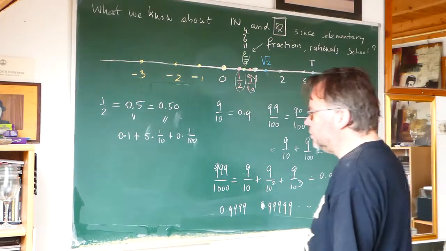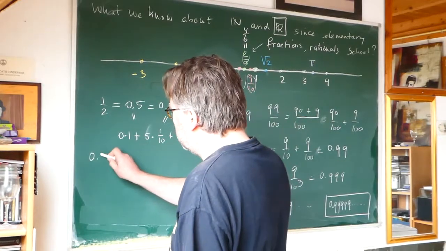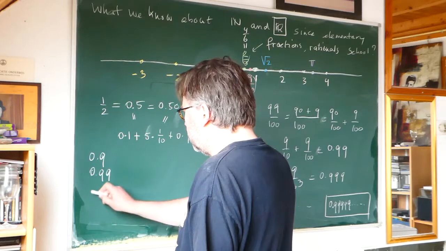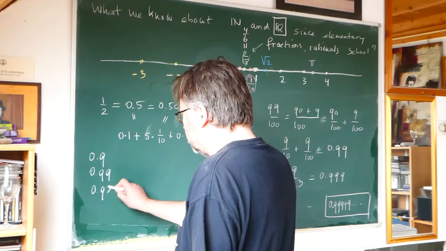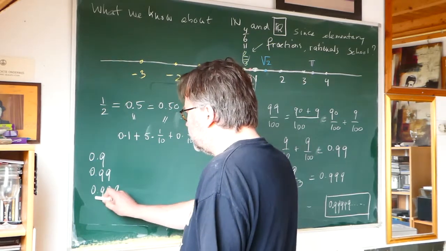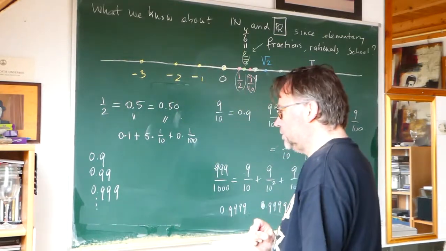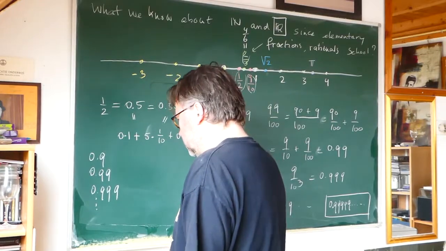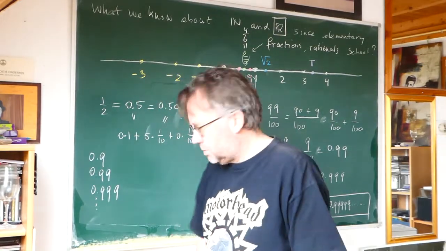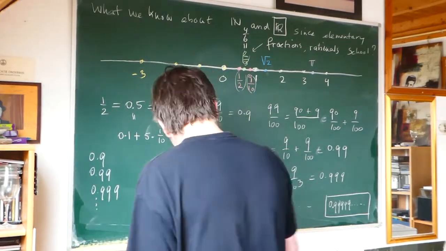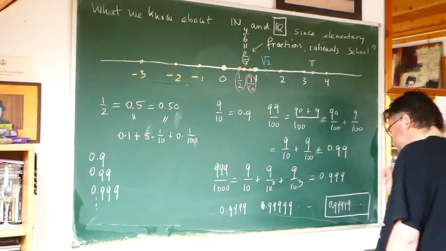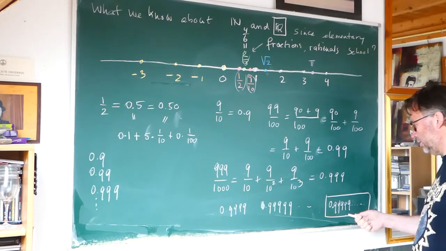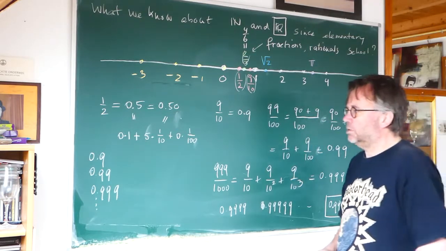Yeah, so we have a sequence of numbers, 0.9, the next one is 0.99, the next one is 0.999, etc. A sequence of numbers. Okay, this goes on forever. And after forever, or at forever, we have 0.9999, that never-ending sequence of 9s.